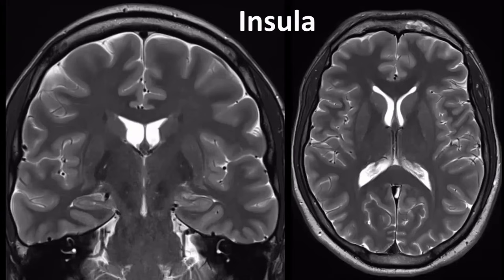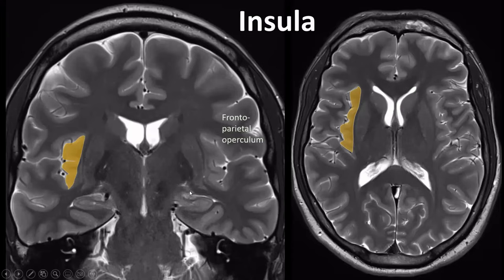I have one more region to discuss, again for completeness' sake: the fifth lobe, or insula, which is a bit hidden, both anatomically and in this presentation, mentioned only at the end. I don't think anyone has any difficulty identifying the insula on images, both on coronal and axial images.